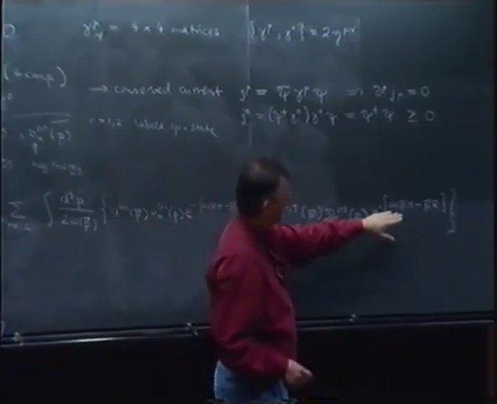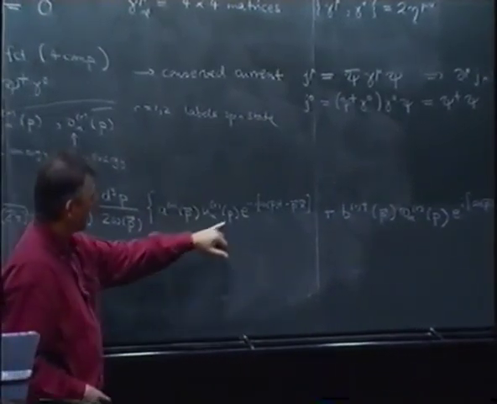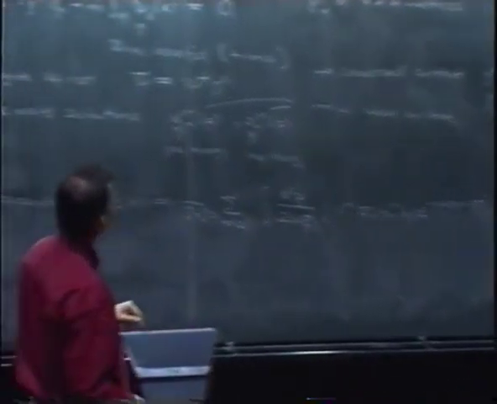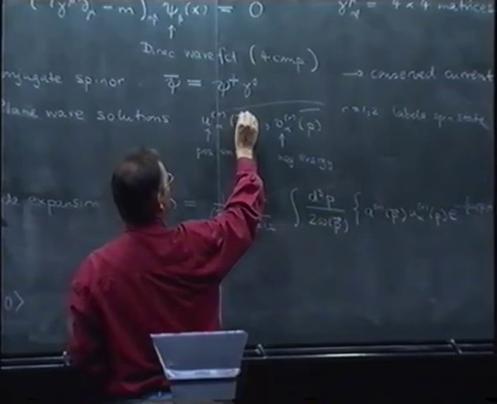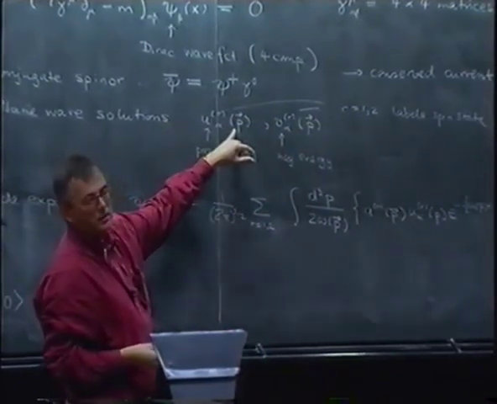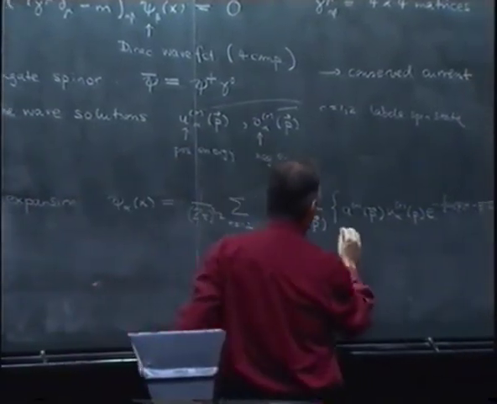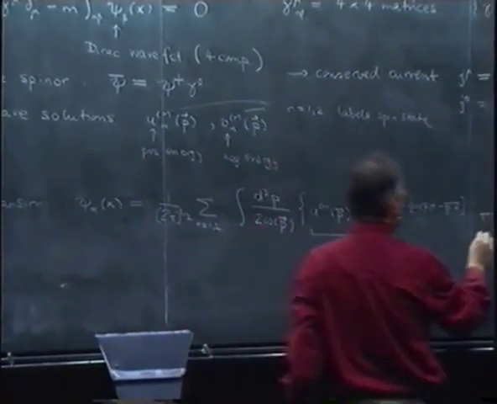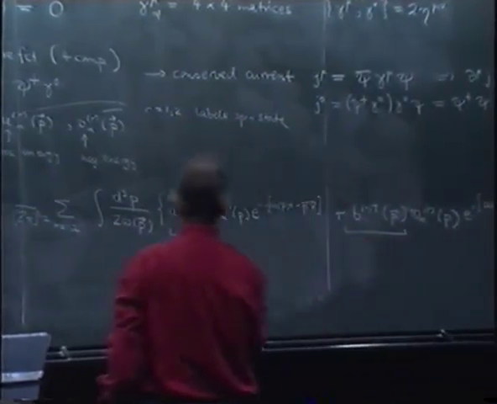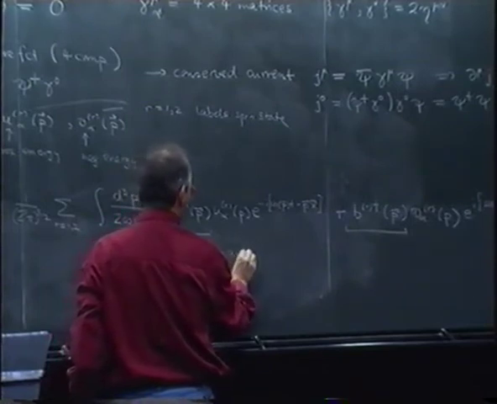Here we have the negative energy solutions. We have the momentum label. By the way, I can really write this as p because the energy which appears here will of course be omega of p. And these things here are again the Fourier amplitudes.